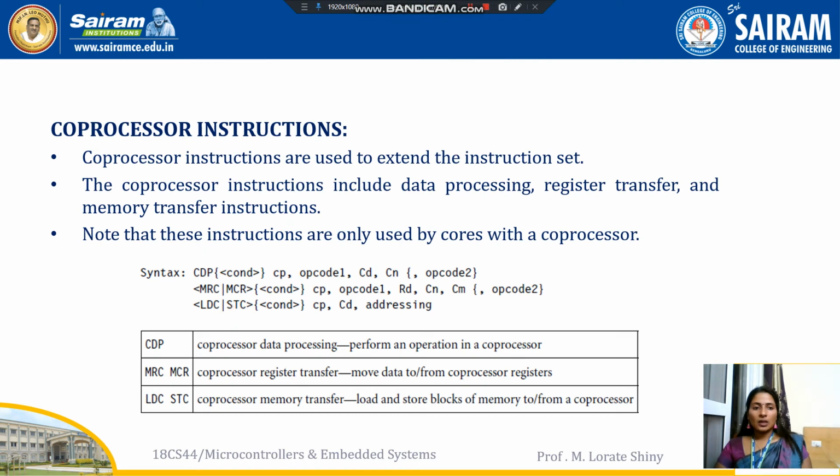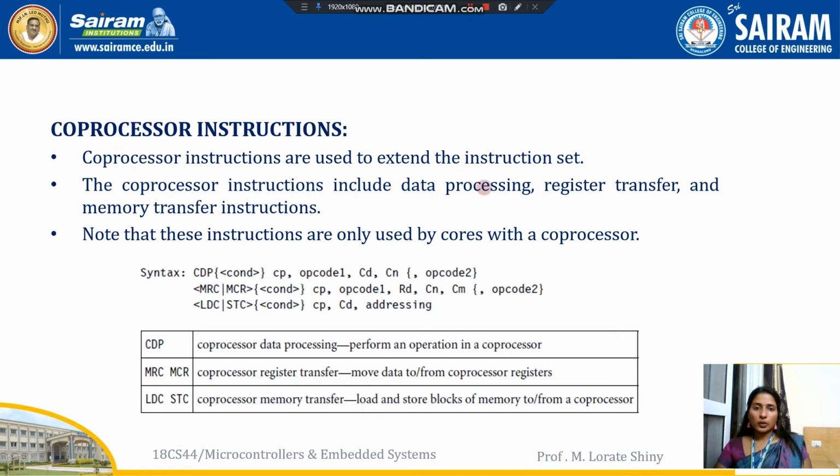Next is the coprocessor instruction. A coprocessor is a supporting processor for the main processor. Some tasks cannot be done with the main processor, so at that time we can interface a coprocessor with the main processor. Coprocessors are nothing but supporting processors for the main processor. They have their own set of instructions.